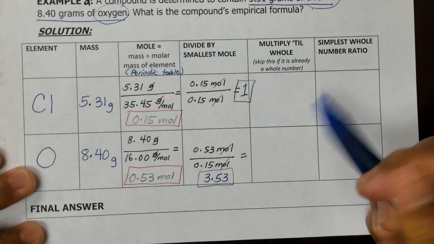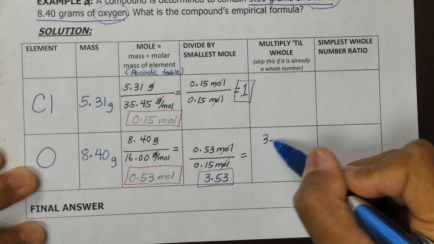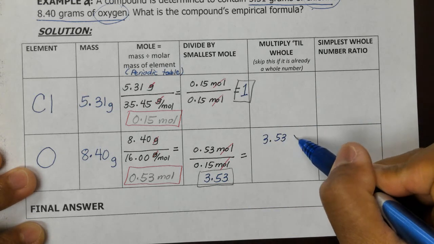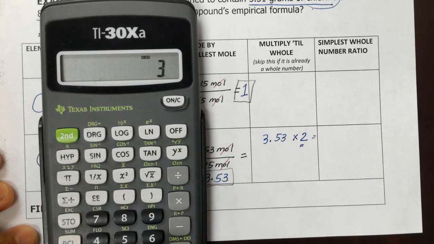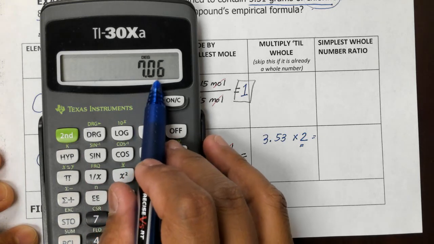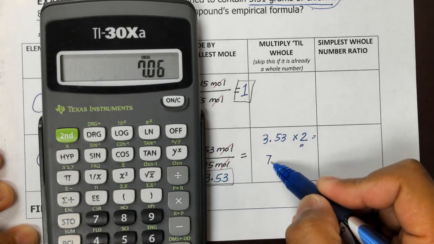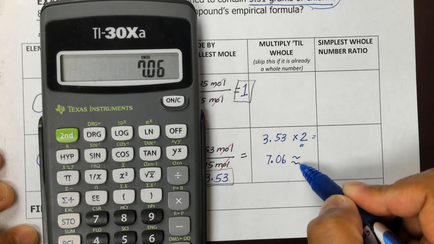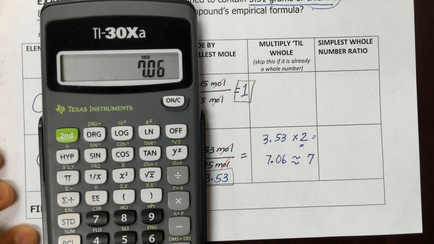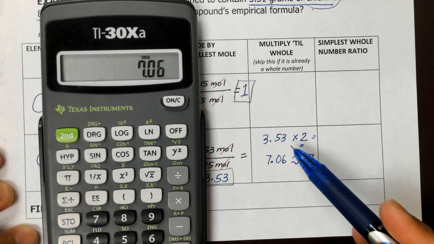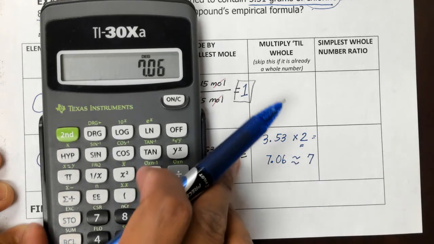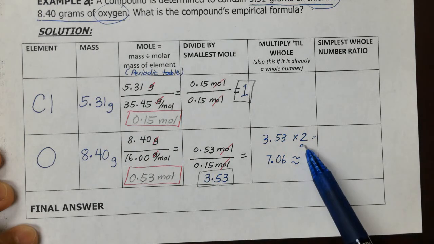So this is how it's going to look now. The 3.53, when we multiply it by 2, that's 7.06. And 7.06 is very close to a whole number 7. So therefore, this is acceptable. So 3.53, we're now making it whole by multiplying it by 2.